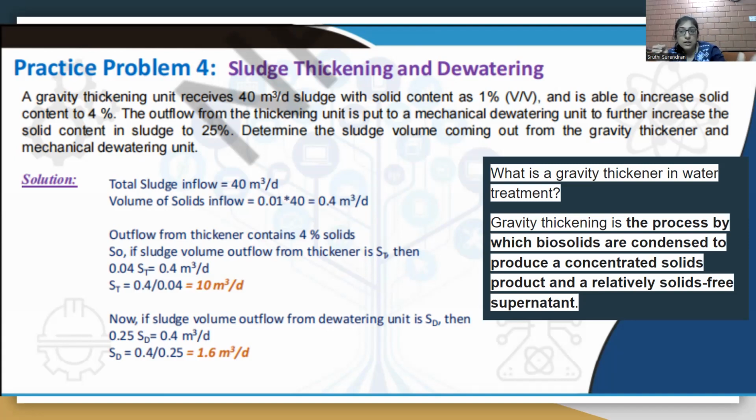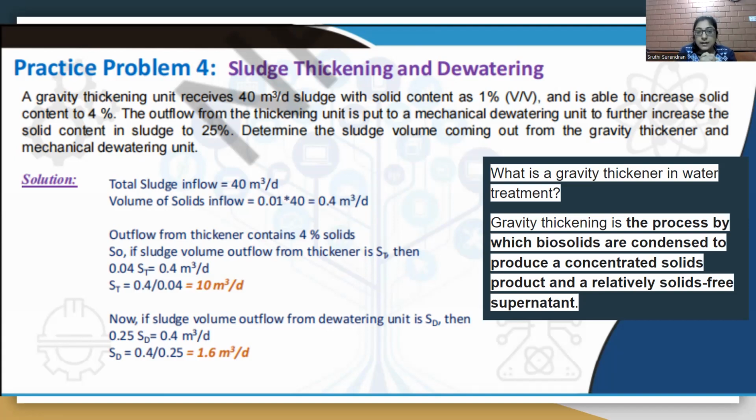Now, what they want is for the outflow from the thickening unit to be put to a mechanical dewatering unit to increase the solid content to 25%. So whatever is coming out from the gravity thickener is pushed to a mechanical dewatering unit, which is further concentrating the solid content to 25%.